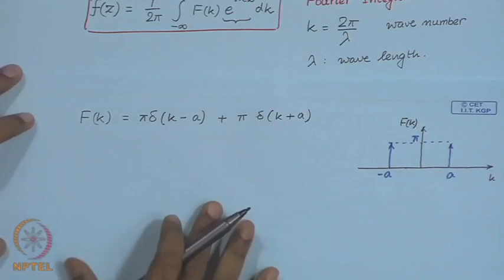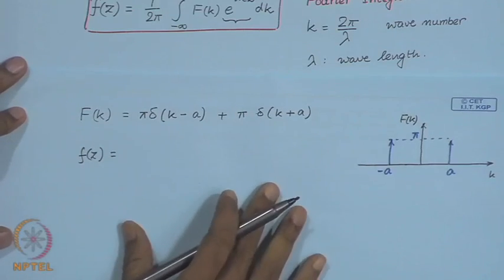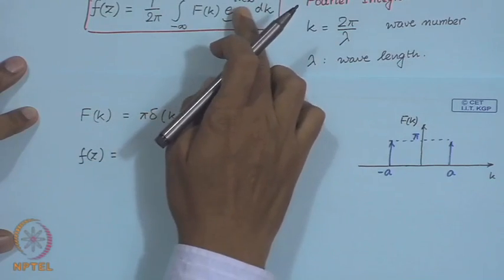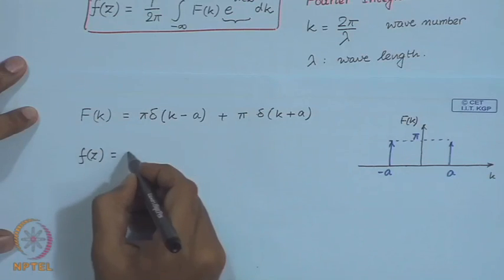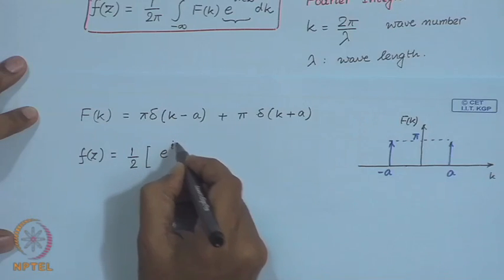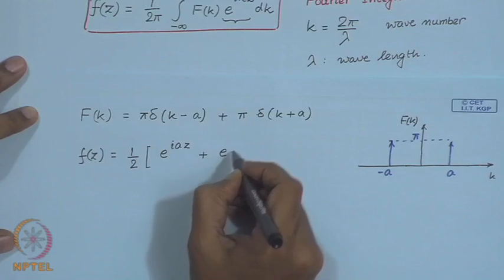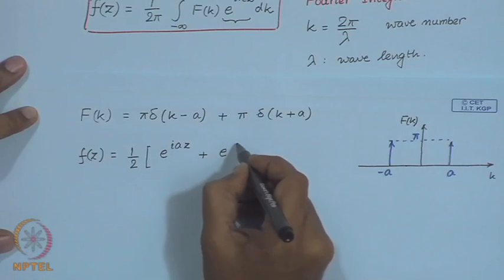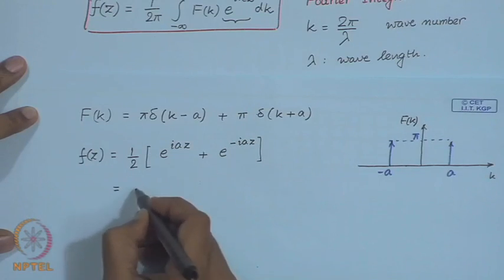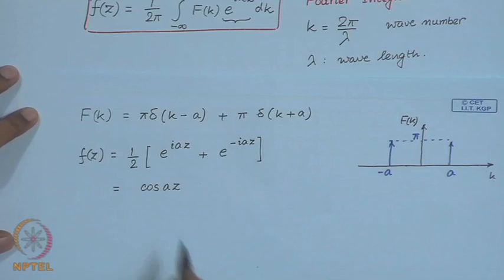If you substitute in here, now when you have the Dirac delta at A, k gets replaced by A, and for the other one it gets replaced by minus A, and this is nothing but cosine Az.